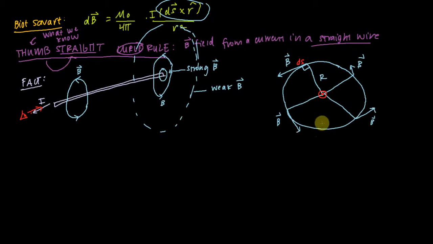It's going to take me a really long time because I'm going to have to do this for multiple places around the circle. It's much easier to use this nifty little trick to figure out the direction of B from this cross product by curving my fingers around the imaginary wire.